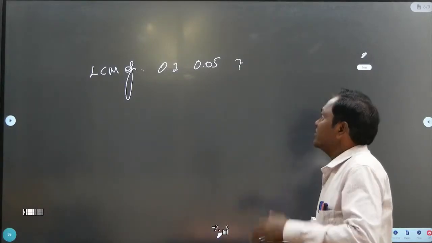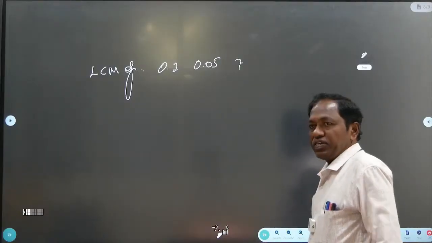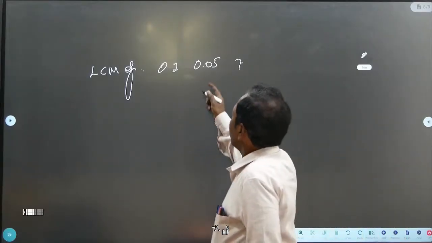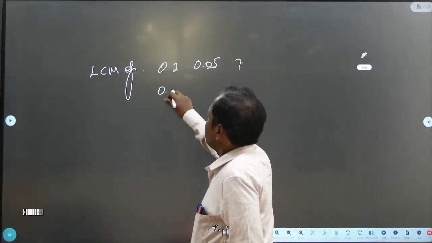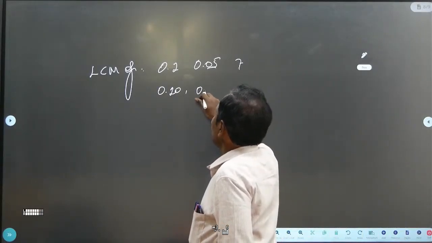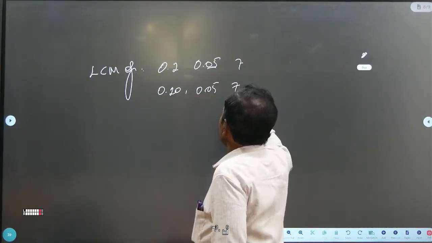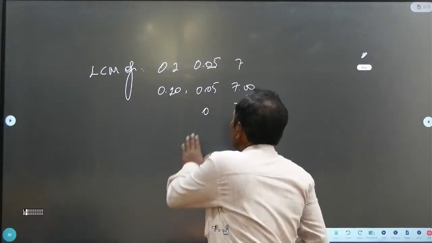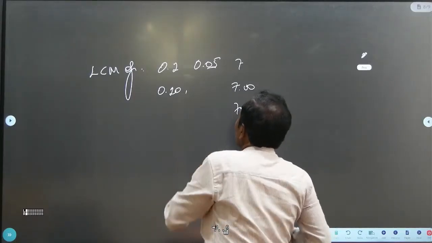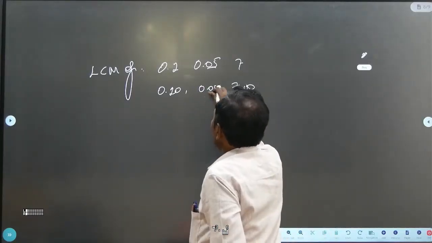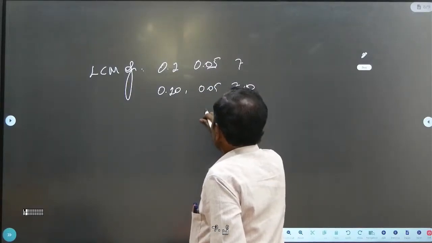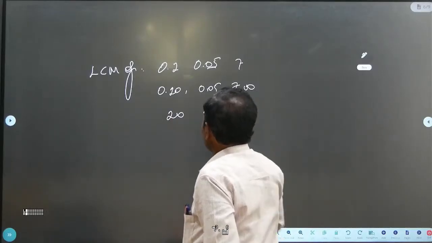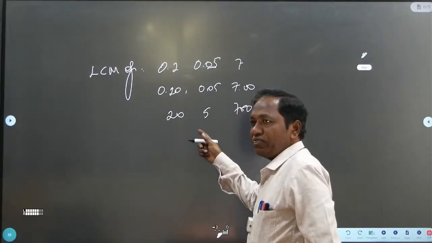Ignore the decimal, convert into natural numbers: 0.20, 0.05, 7.00, so 20, 5, 700. 700 is a multiple of 5.